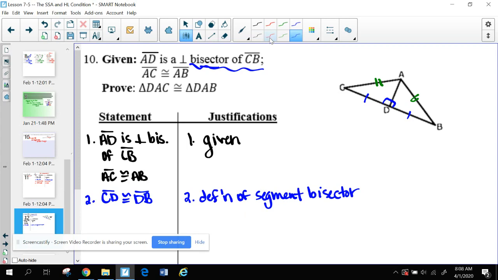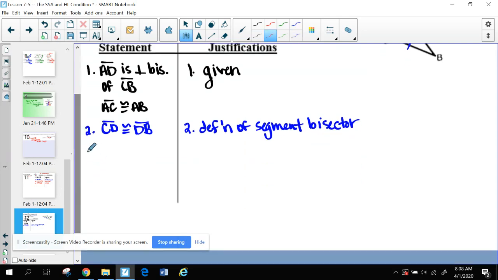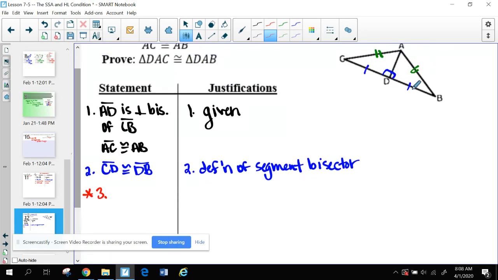And then you have a couple options here. For step 3, I'm going to put a little star with it. For step 3, we could say we know that these are 90-degree angles. So you could say that the measure of angle ADC has to equal the measure of ADB, which has to equal 90 degrees. And we could say that's by the definition of perpendicular, because we know it's a perpendicular bisector.